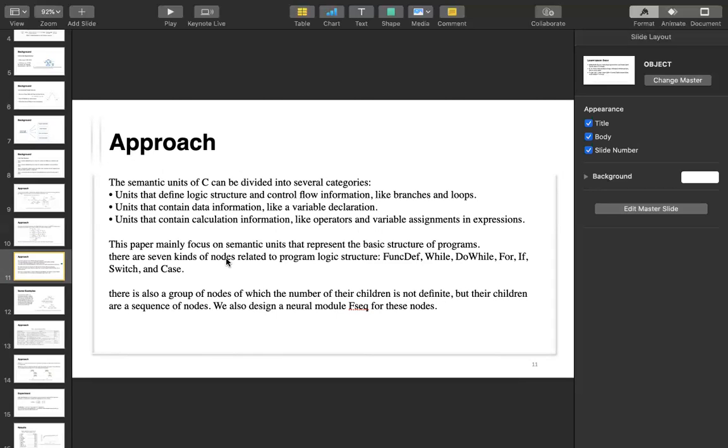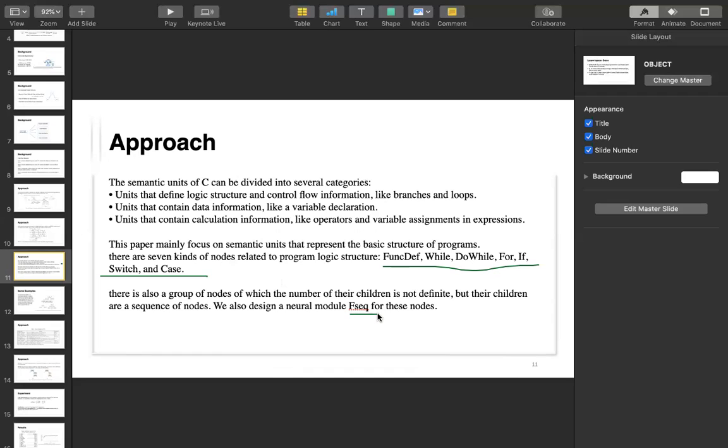So it has defined 8 types of modules for the C language here, and 7 kinds of nodes. This is 7, and the last one is the sequence.